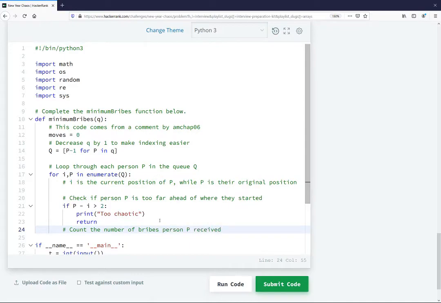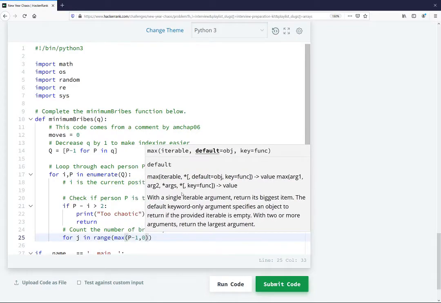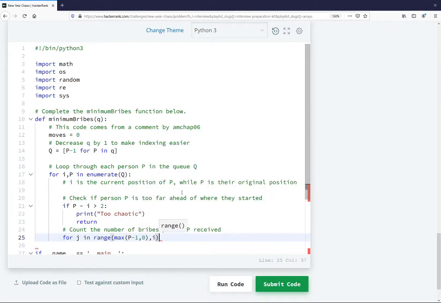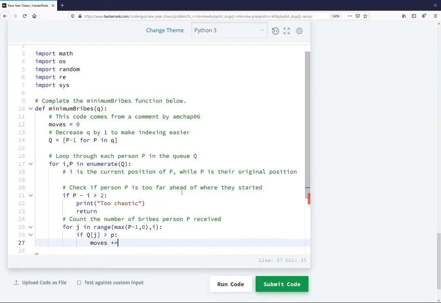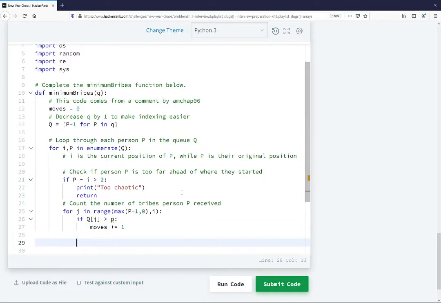Again, this is using person P. It seems sort of confusing because we're using P to refer to the original index of P. So anyways, for J in range max P minus 1, 0 to I, if Q J is greater than P, then we increase the moves by 1. Okay, and that's about it.